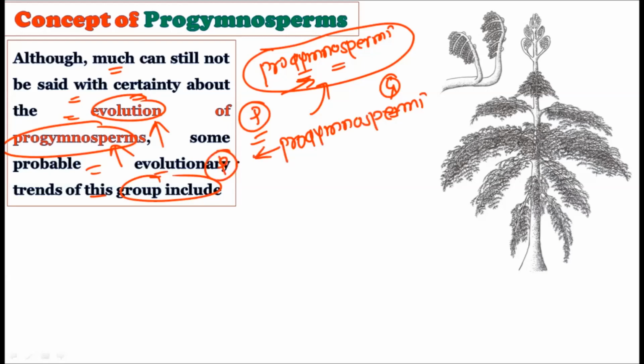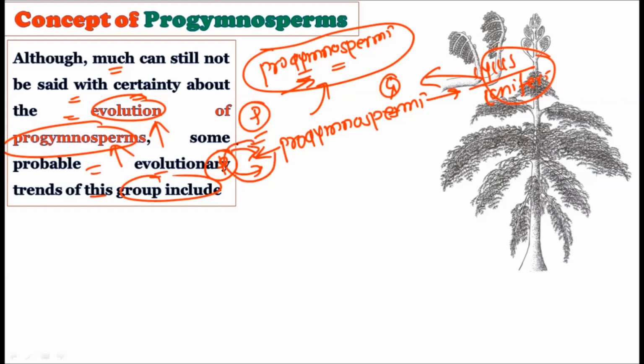Whatever knowledge is there does not show how these pteridophytes were converted into progymnosperms, and later these progymnosperms gave rise to the cycadales and the coniferales. The coniferales and the cycadales originated from these progymnosperms.